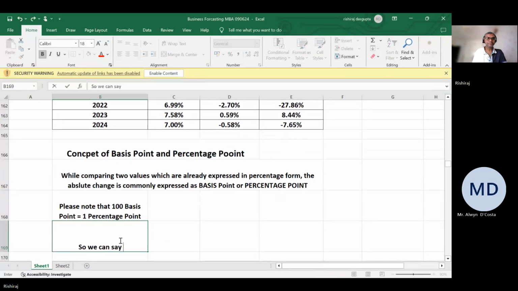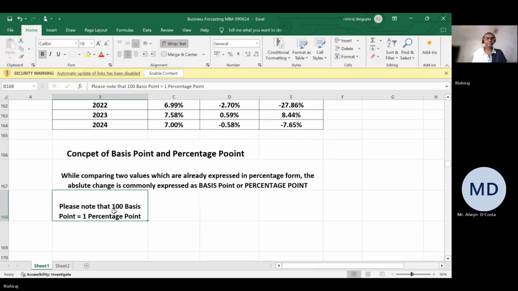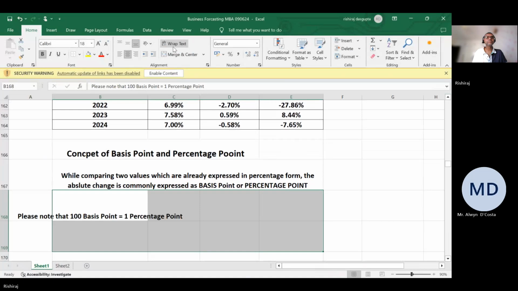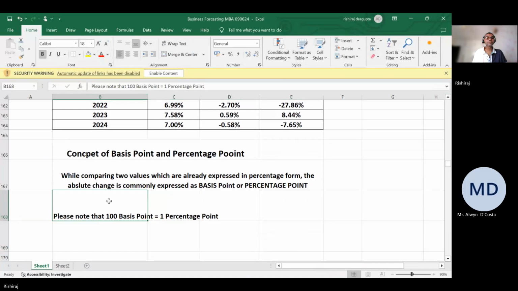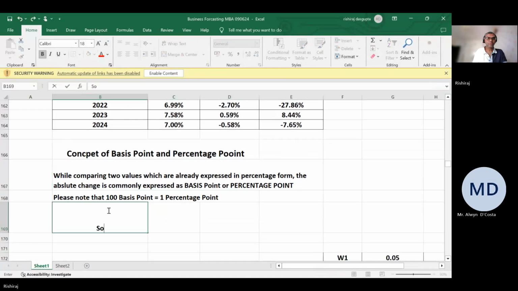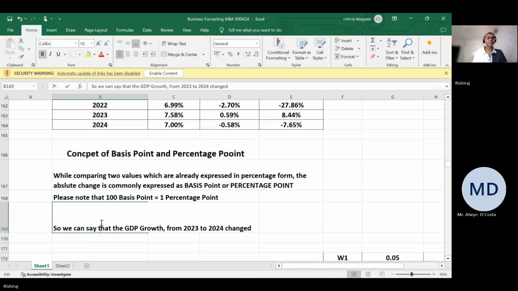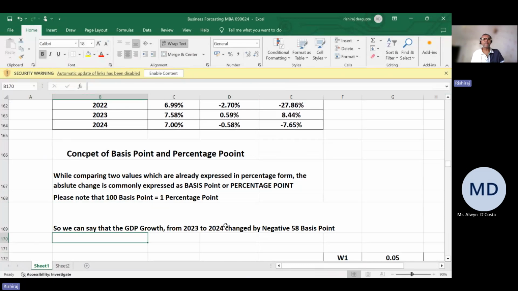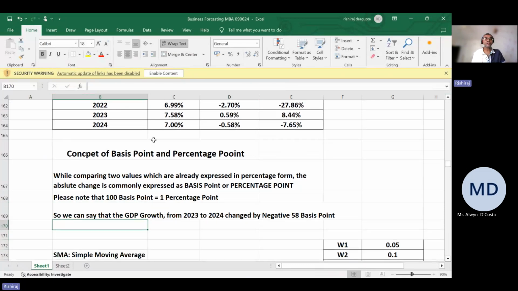So we can say that the GDP growth from 2023 to 2024 changed by negative 58 basis points. So a change from 7.58% to 7% is negative 58 basis points.